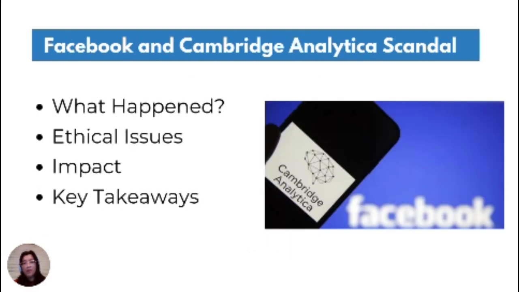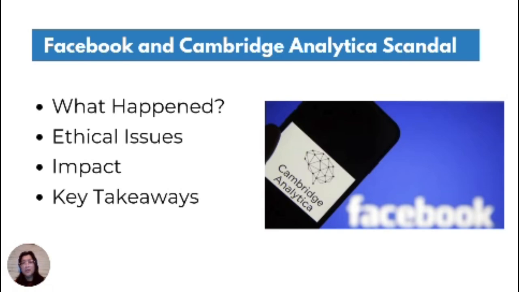An example of a consumer data issue is the Facebook Cambridge Analytica scandal. In 2018, it was revealed that Cambridge Analytica improperly harvested data from millions of Facebook users without their knowledge. What happened is a quiz app collected not only users' data but the data from their Facebook friends.